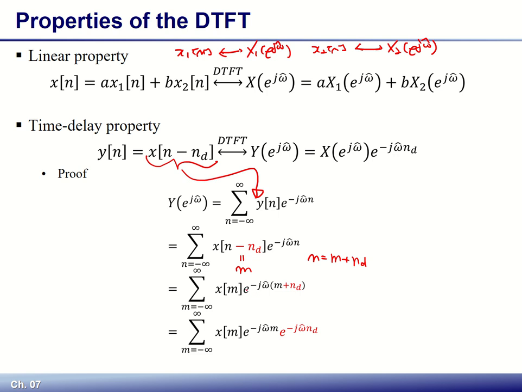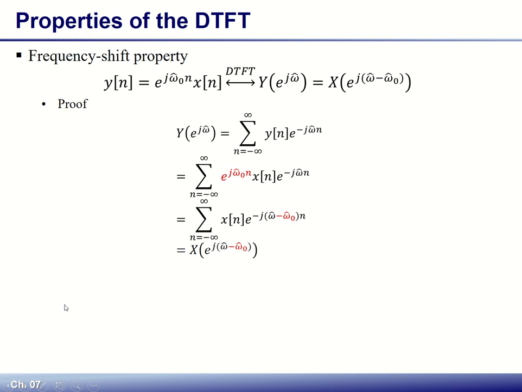The multiplication of two exponential terms can be expressed as a summation in the exponent, like this. So this is X(e^{j omega hat}). So the proof is completed.